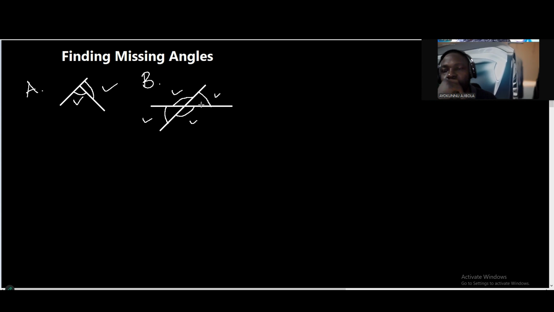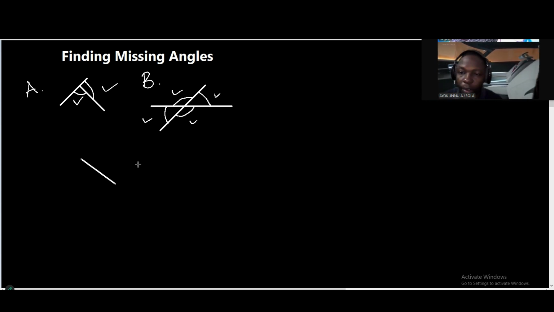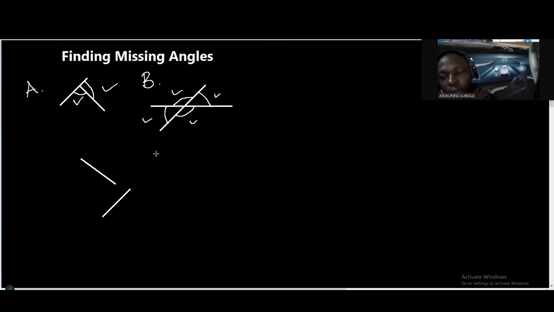Now, angles exist between two lines that intersect, okay? If there is a line like this, and there's another line. If they do not meet, there is no angle between them, okay?